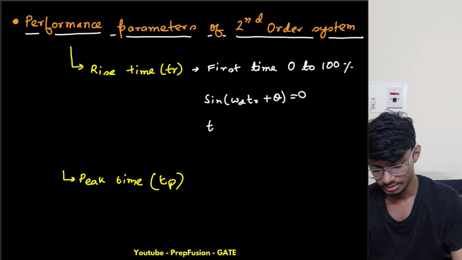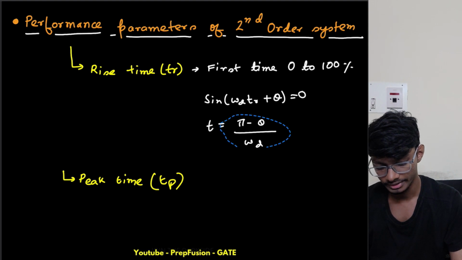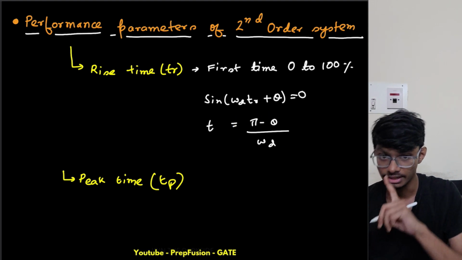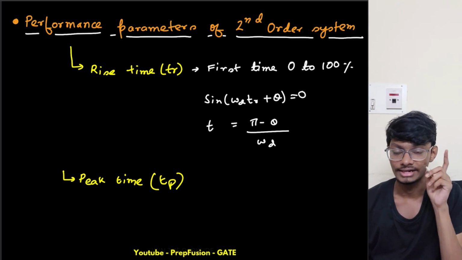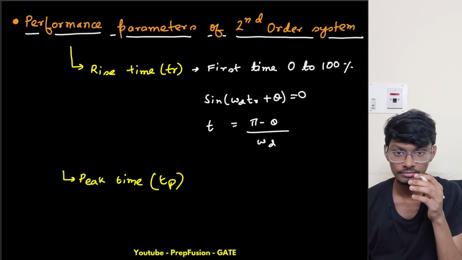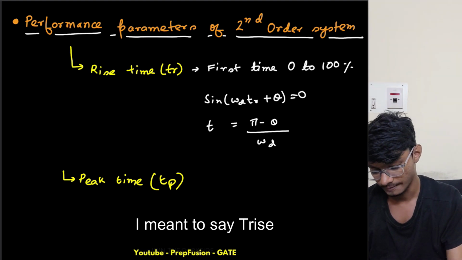So if I want to make this one 0, this will be equal to (pi minus theta) by omega d. So here you will recall that your omega d used to come in the denominator, and another time the parameter omega n used to come. You just have to memorize that so you can find the differences between this one and that one. So this is my t settling.